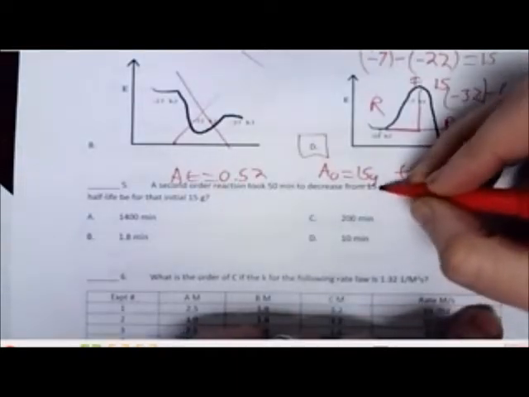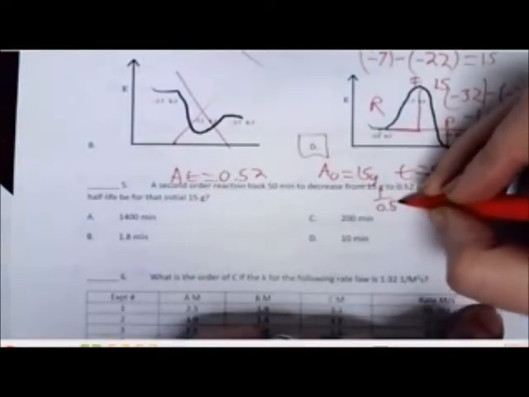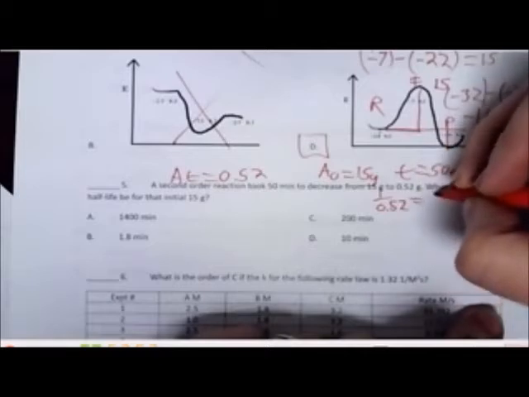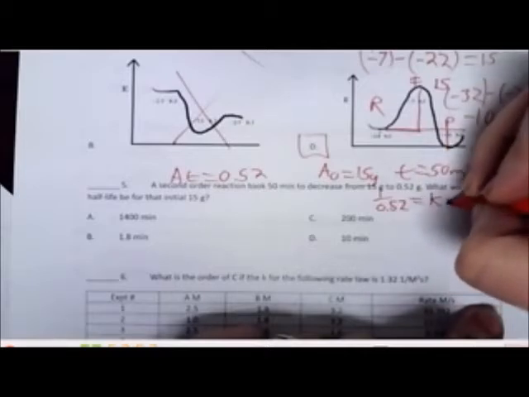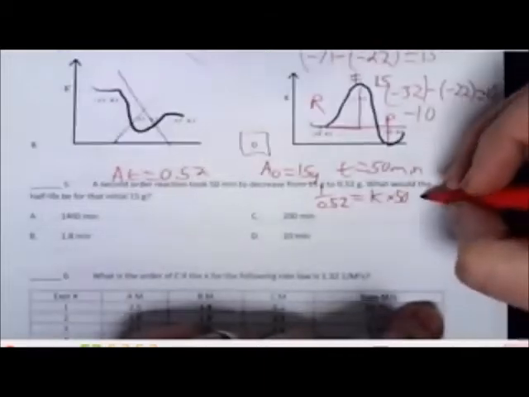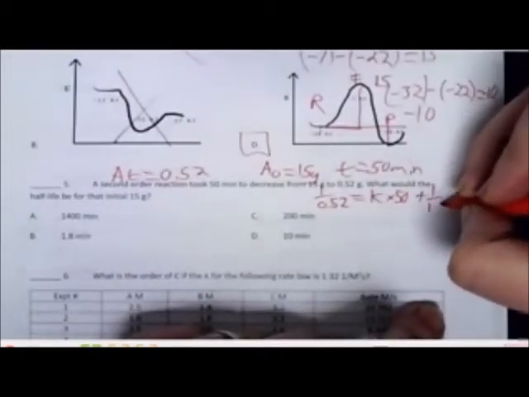So 1 over 0.52 equals k times 50 plus 1 over 15. Step 1 is to solve for my k.